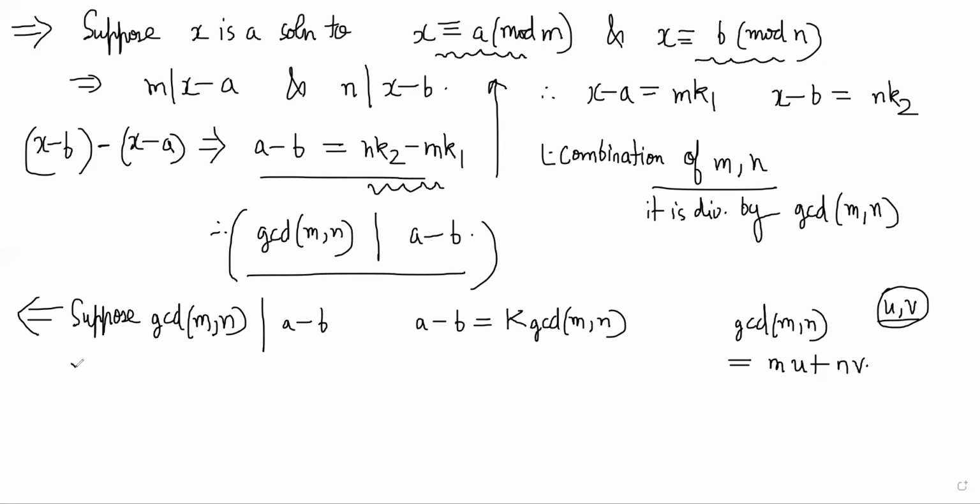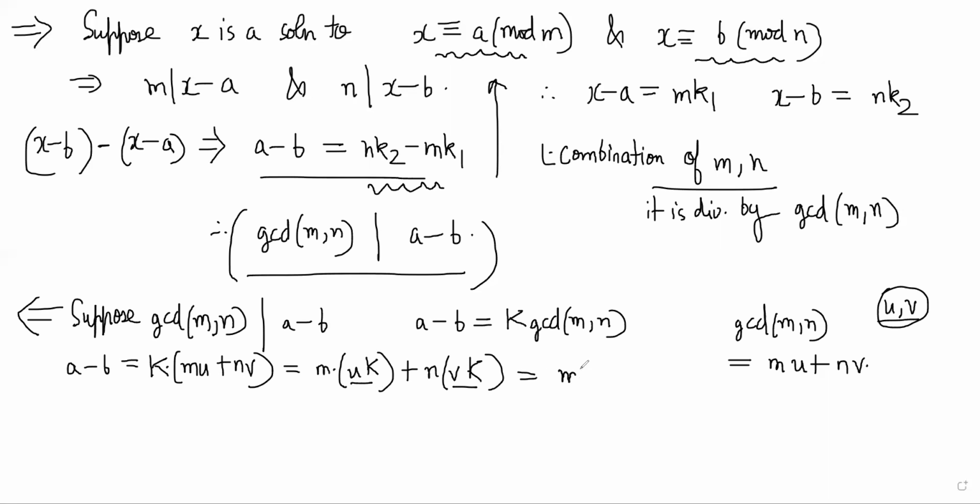So a minus b can be written as k into mu plus nv, and this can be written as m into uk plus n into vk. uk and vk we can call u dash and v dash.